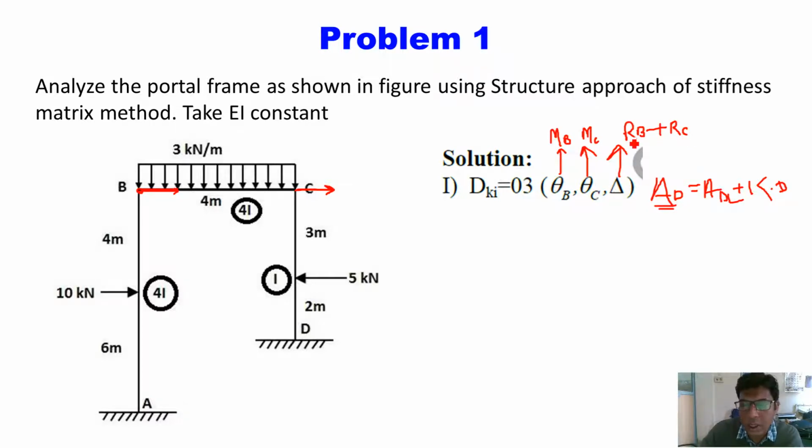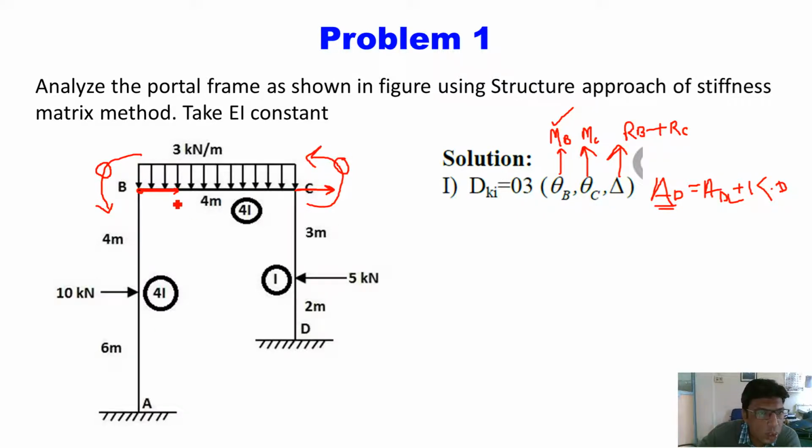So in the original structure we have to see whether there is any moment at point B. If yes, that is the action corresponding to theta B. If no, it is 0. Similarly, is there any moment at C, or any horizontal force acting at B or C? If you look at the original structure, there is no moment acting at point B, so it is 0. There is no moment acting at point C, so it is 0.